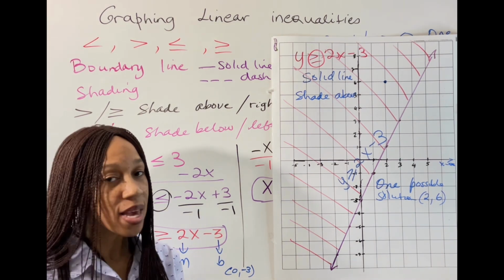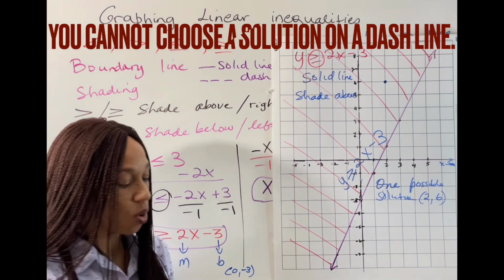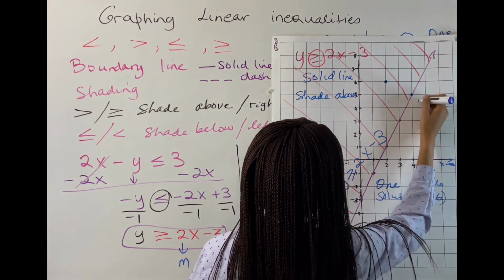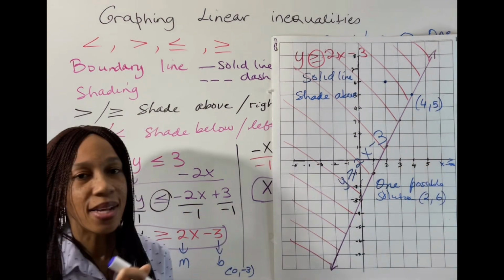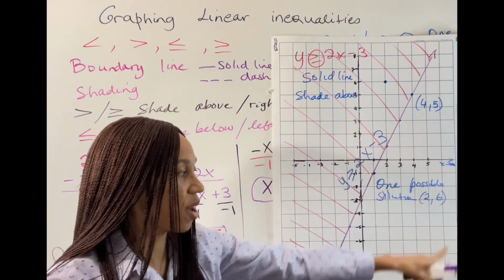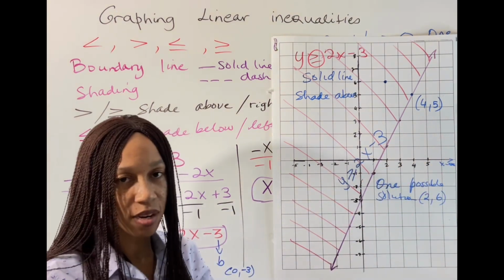But we cannot do that when it's simply a greater than or a less than. So I could have also chosen this point, which is 4, 5, only because it is on the solid line. And you cannot choose anything on this side that is not shaded.